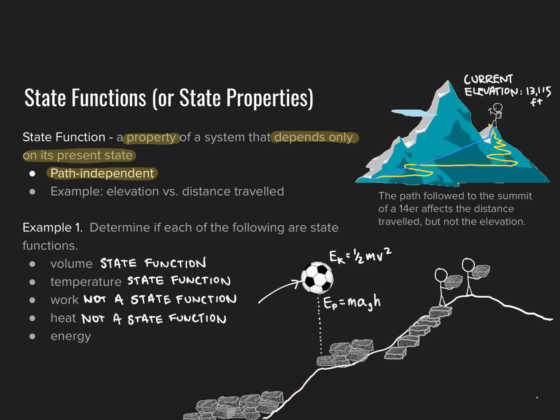Because of that, the internal energy of that system is path independent. It does not matter the path you took to get there, all that matters is the current state. And therefore, energy itself is a state function. So work and heat are not state functions, but energy is a state function.